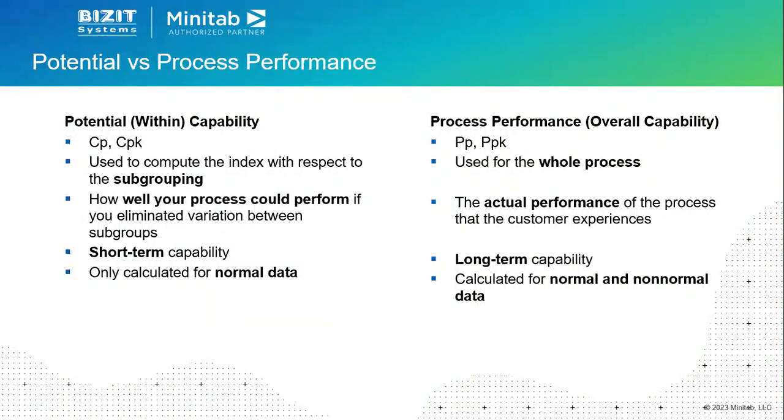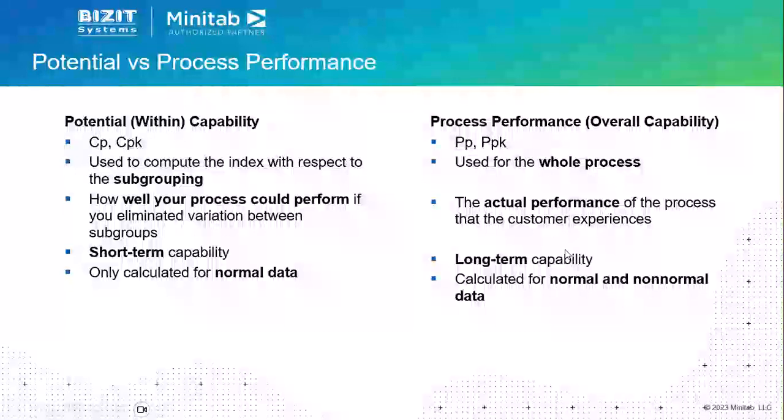What are the differences between CP and CPK, PP and PPK? In technical terms, we call them the potential within capability, and the process performance, or overall capability. CP and CPK are short term, and PP and PPK are long term.